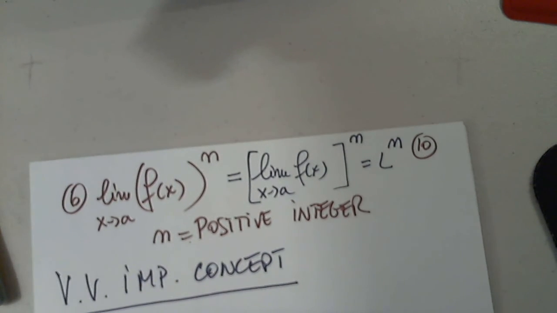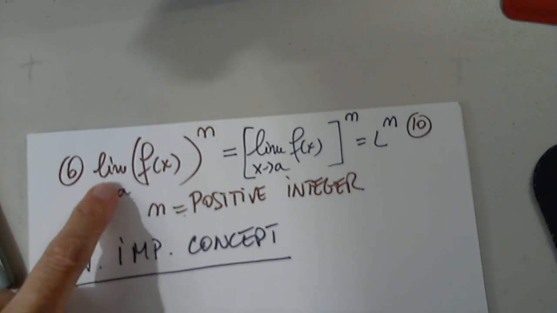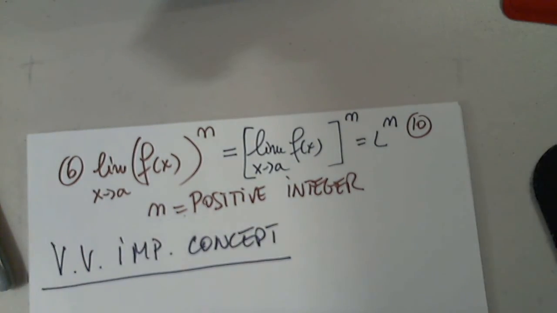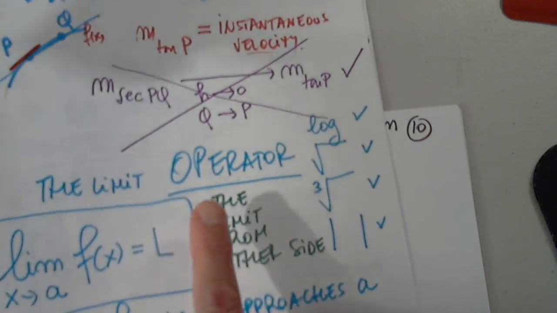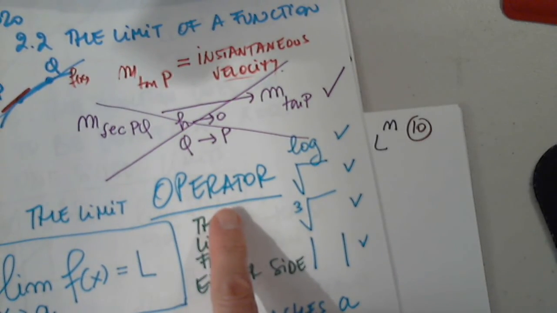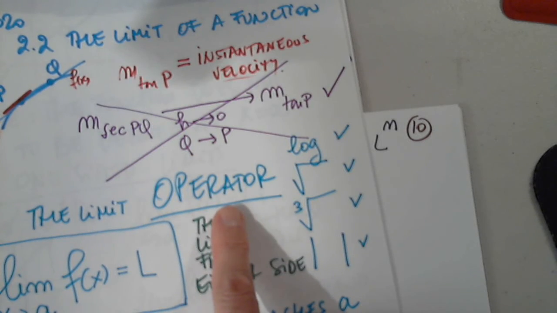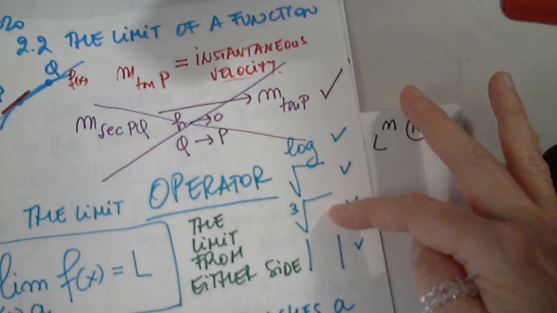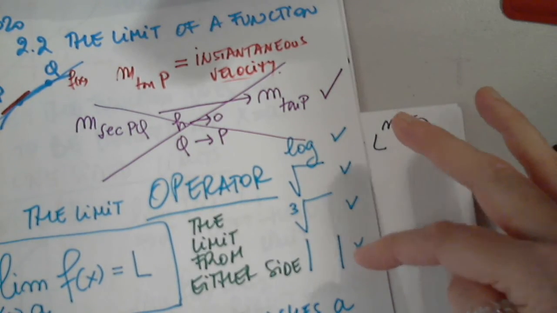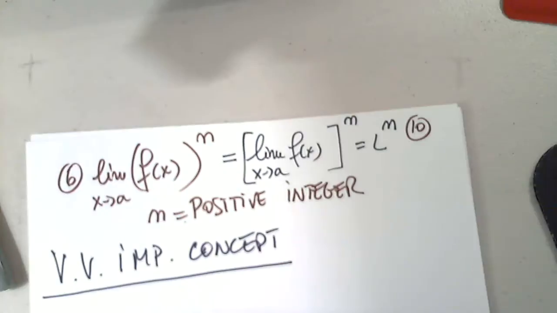Now, what did we say at the very beginning about the limit? The limit is an operator. Log is an operator, square root is an operator, the cube root is an operator, power 5 is an operator, absolute value is an operator.